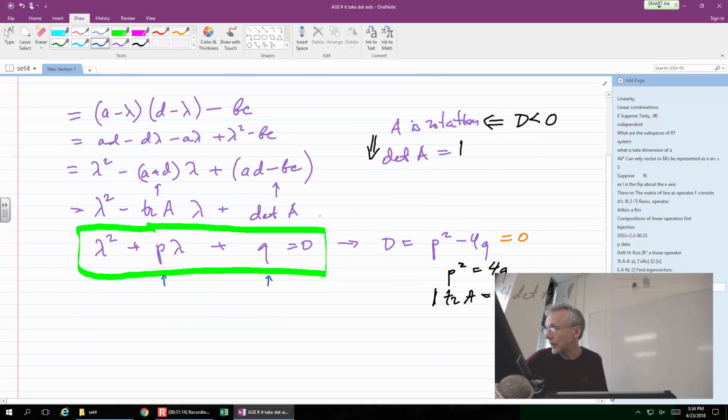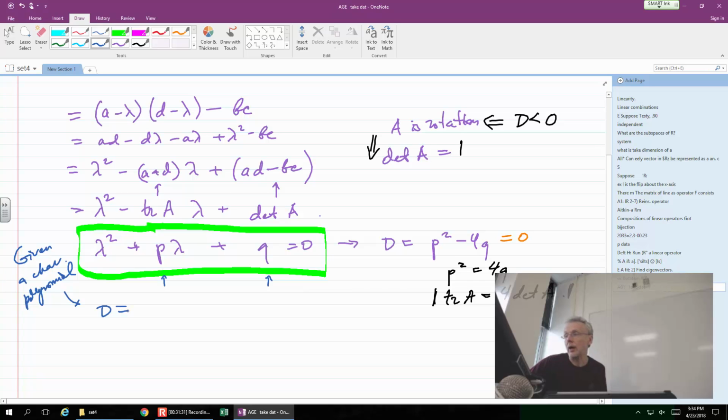So once again, given a characteristic polynomial, before looking for lambdas, or as you look for lambdas, it doesn't matter, you look first at the discriminant.